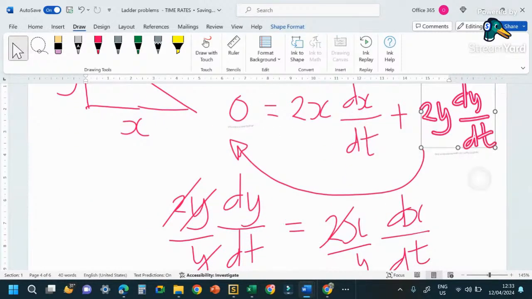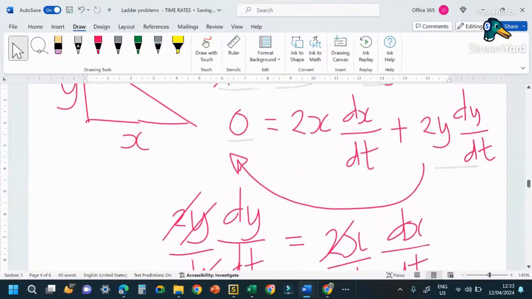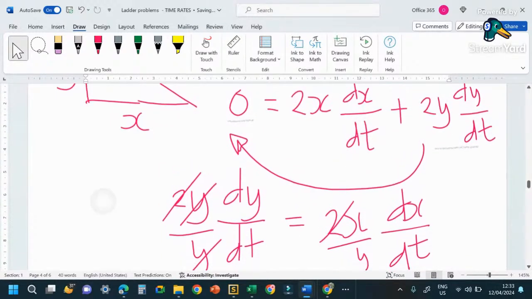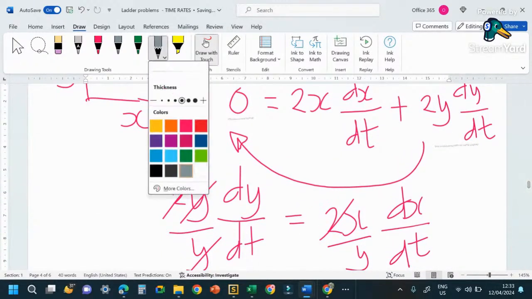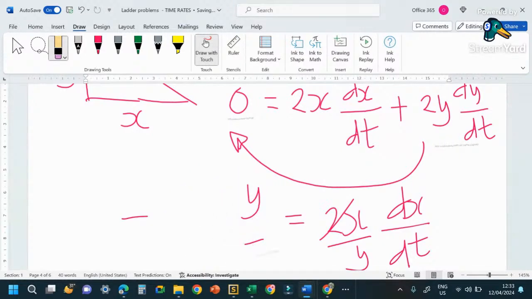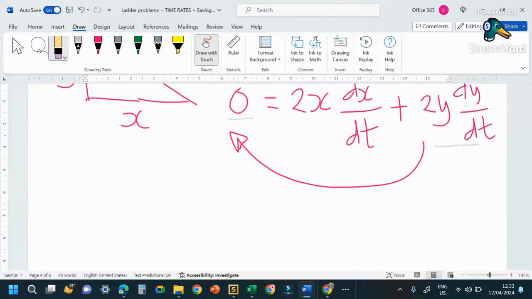Let's move our dy over dt to the other side. Doing so will give you a negative sign, negative 2y dy over dt. Before that, let me just do it again because there are already a lot of slashes here.